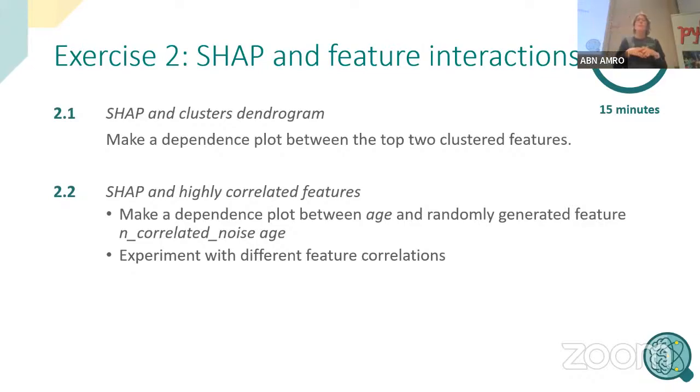Secondly, as you might notice from the EDA, we don't have any correlated features. So we generated some correlated features in this exercise, and you can see the influence of those correlated features on the SHAP plots and values. It's up to you again. In 10 minutes we will discuss the results again.